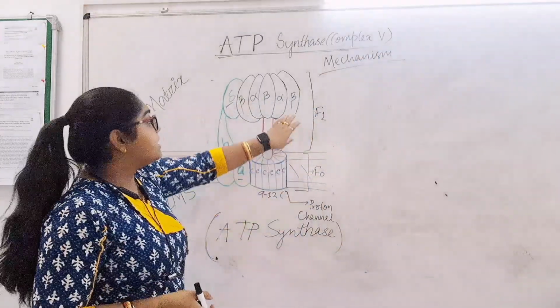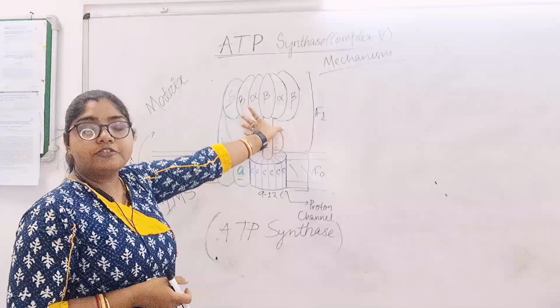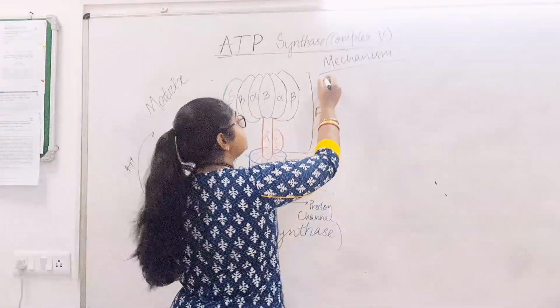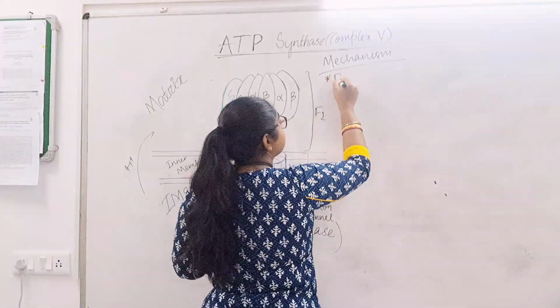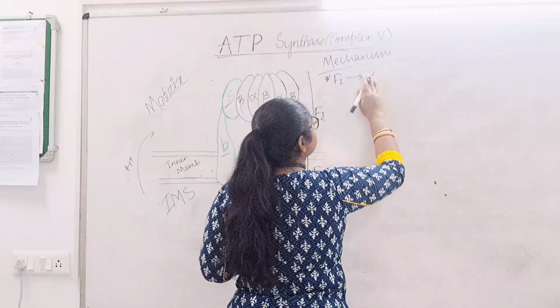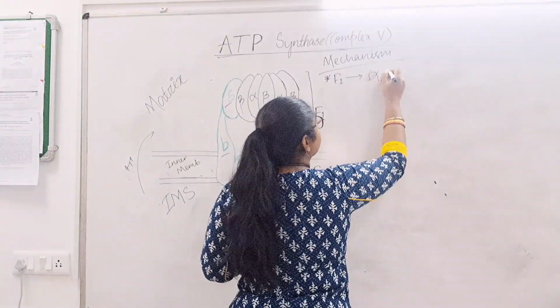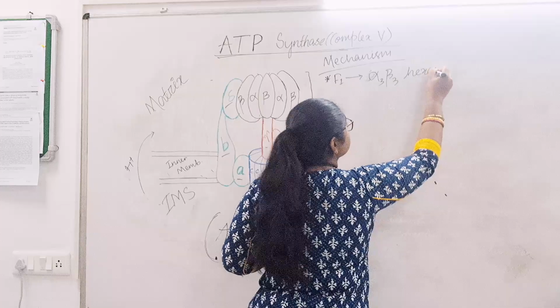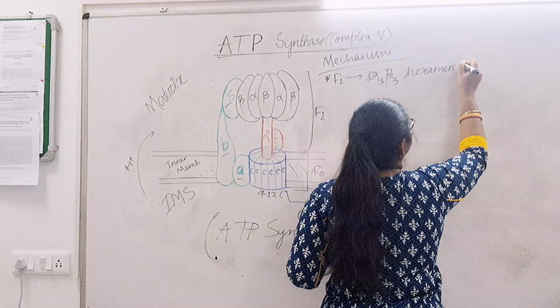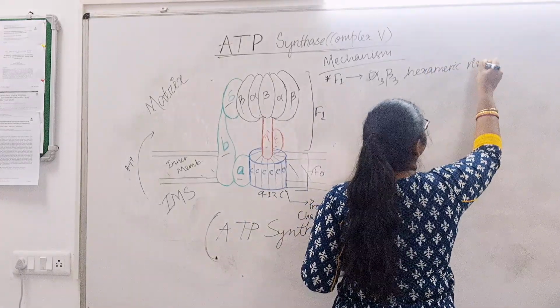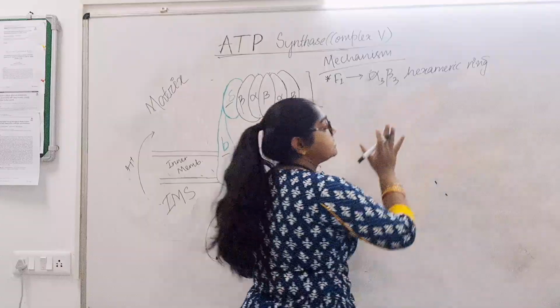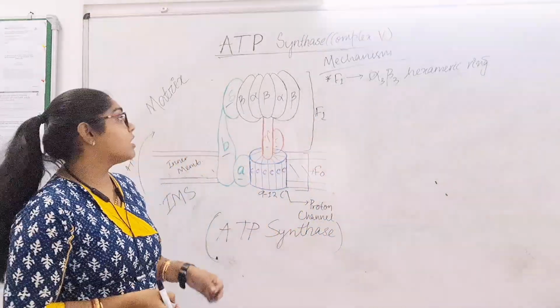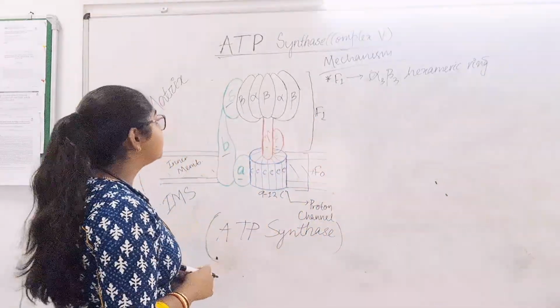So this F1 region has this 3 alpha 3 beta hexameric ring. That is the main center for ATP synthesis. So it is the catalytic center. Okay. So what happens?